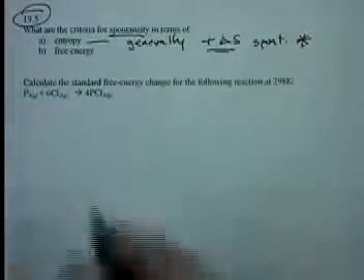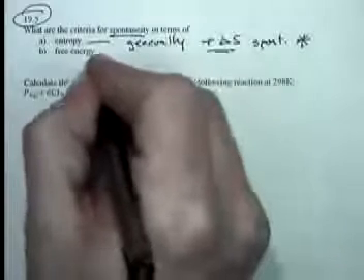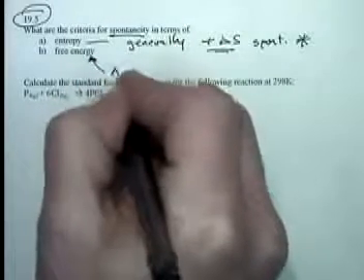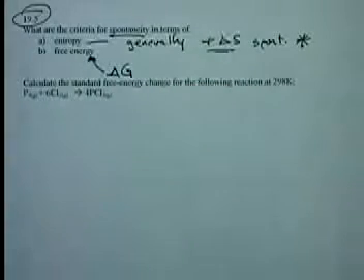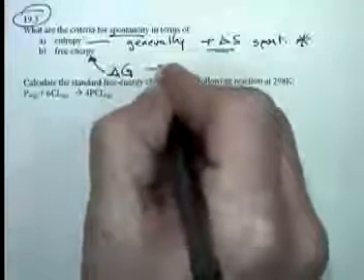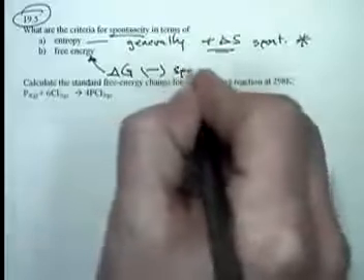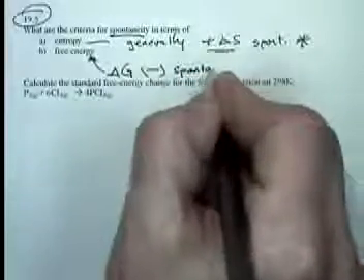Now, free energy. If you watched the screencast before this, you were introduced to a letter called delta G, which is called free energy, and that tells us whether there will be a reaction or not. If you remember, a negative free energy means that something is spontaneous in the forward direction.